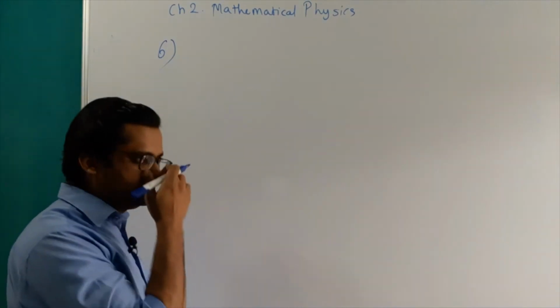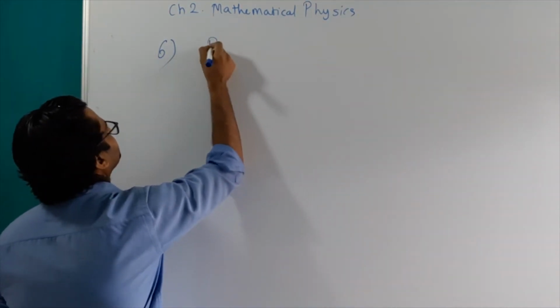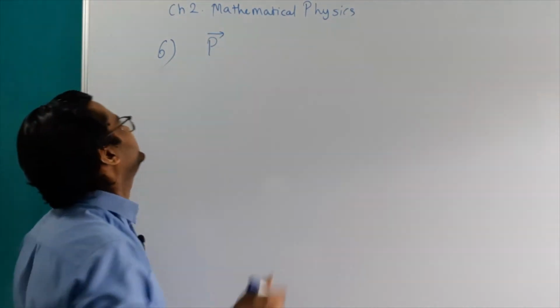What is the 6th property? Now we will follow the textbook, our Maharashtra State Board textbook. The vectors are given as p and q, so I will use the same vectors here.